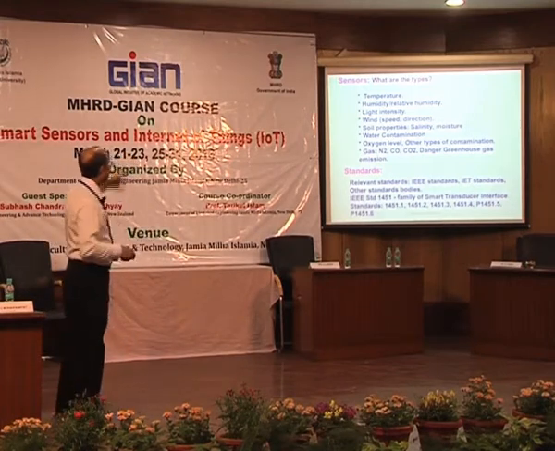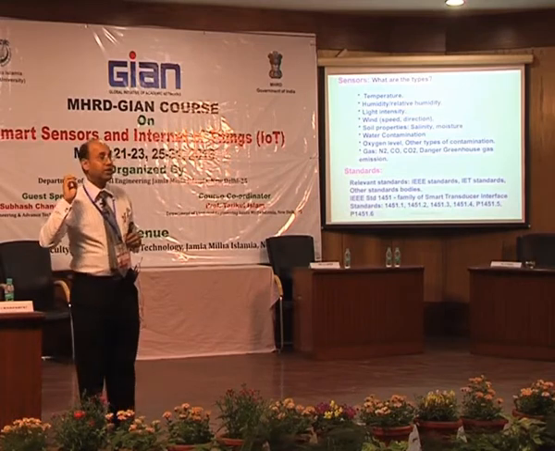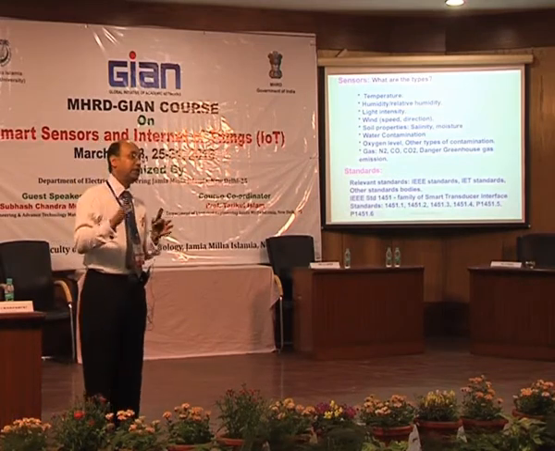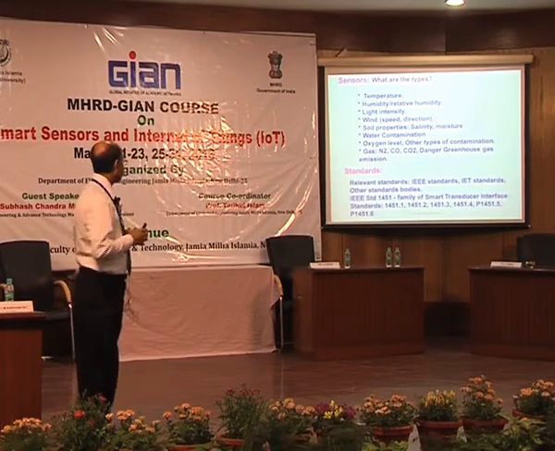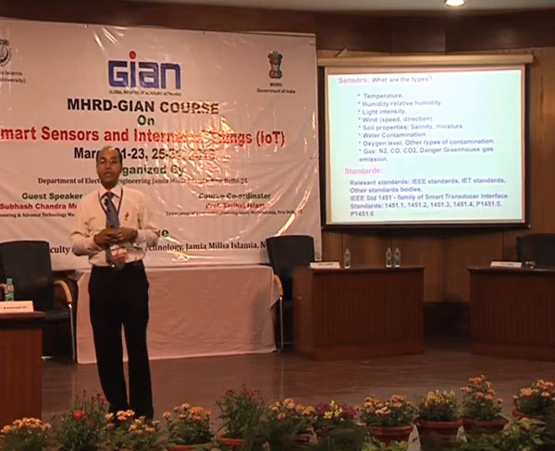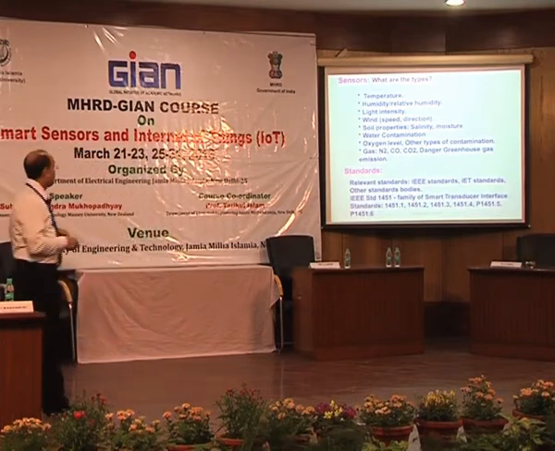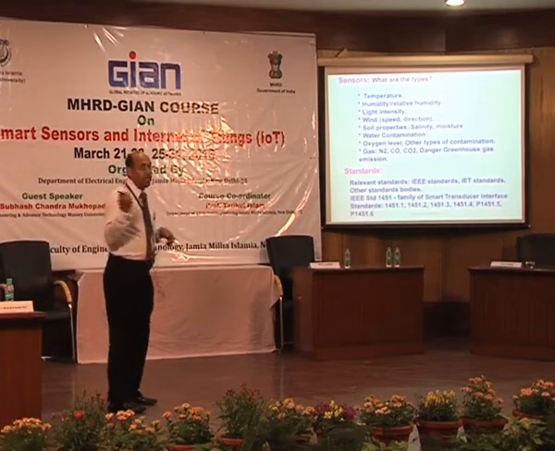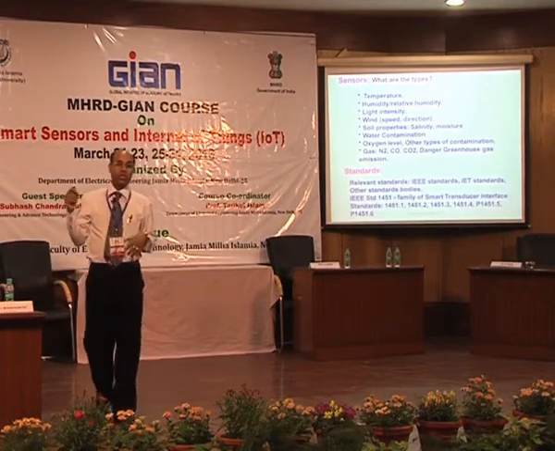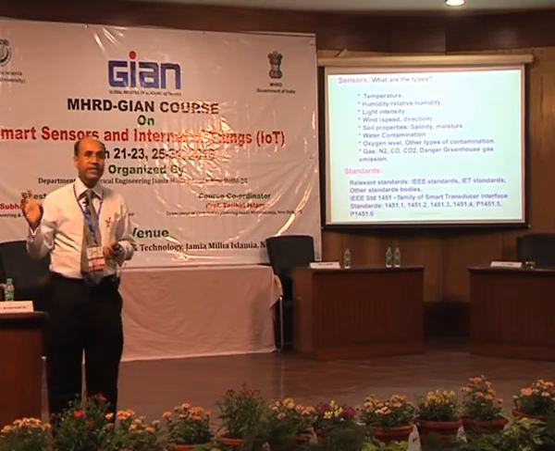So you can get any amount of sensors, and then you have to use a particular sensor for particular parameters. Now, when you go for the sensor, you also follow some standard. There are a few standards which are available. Like we use wireless sensor networks, we have standard IEEE 802.